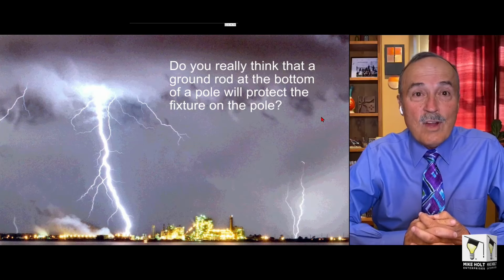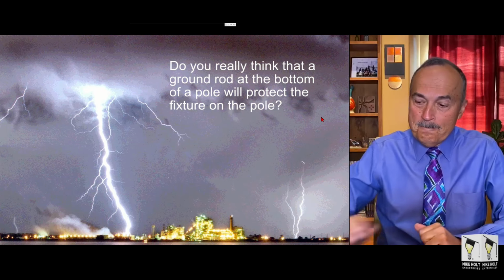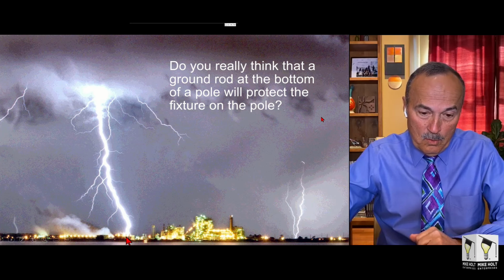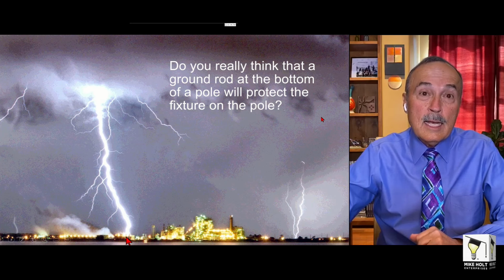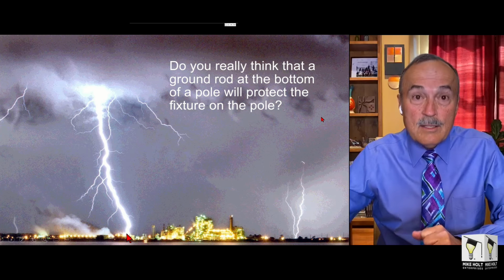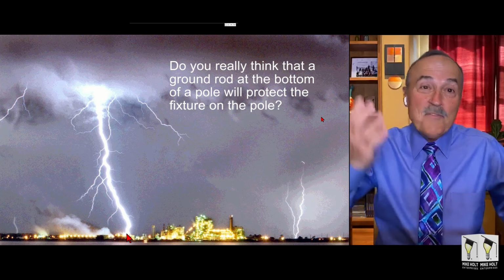Well, Mike, doesn't a ground rod pole serve something? Okay, Brian, can they see this image here? Let's just imagine somewhere down here there is a light pole, and it has a light fixture on top of it. And there is this lightning bolt that comes down, that you saw what it does to a tree, cuts it in half, and drops everything.